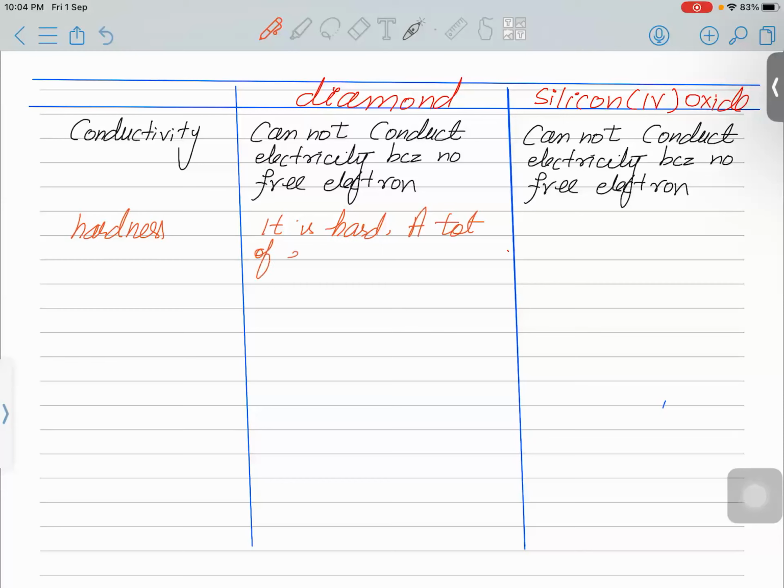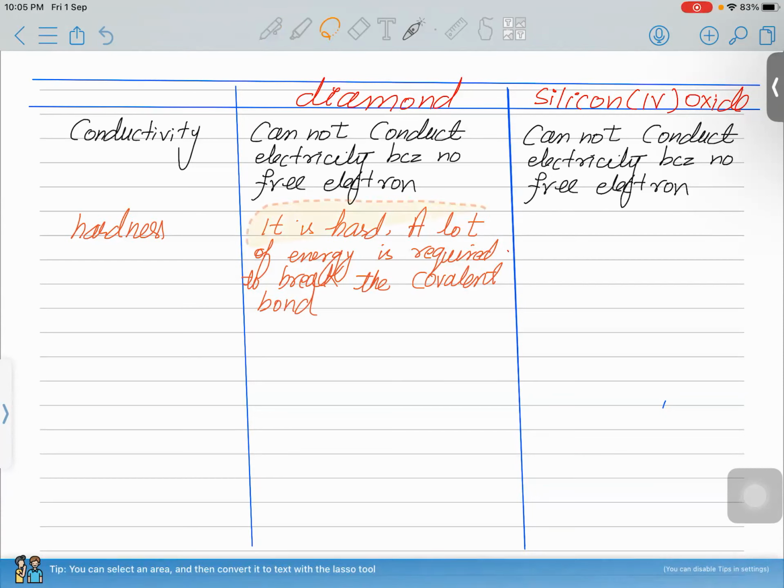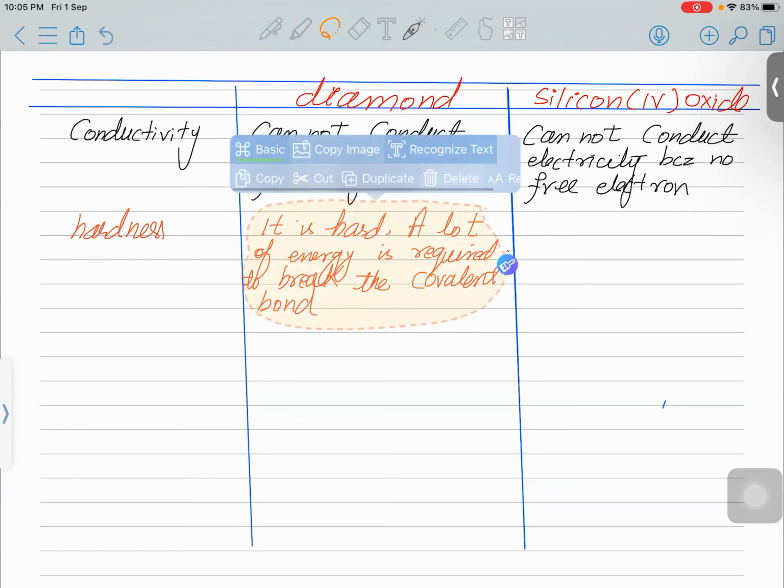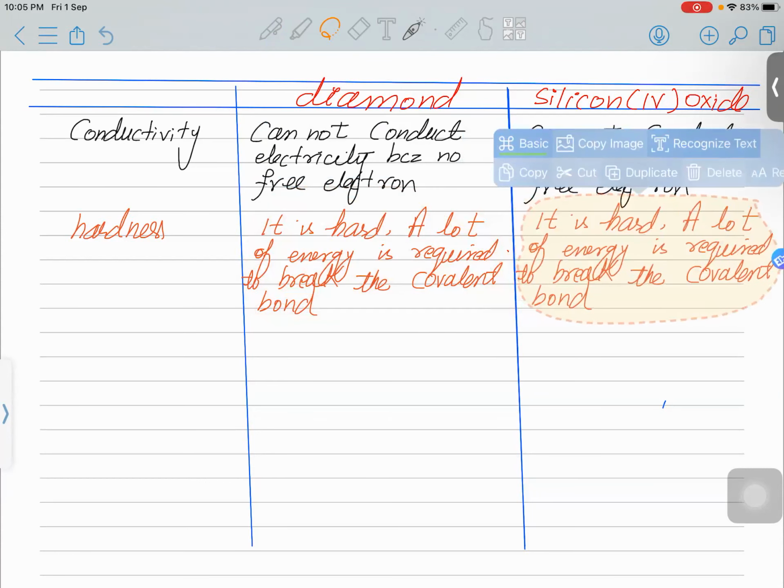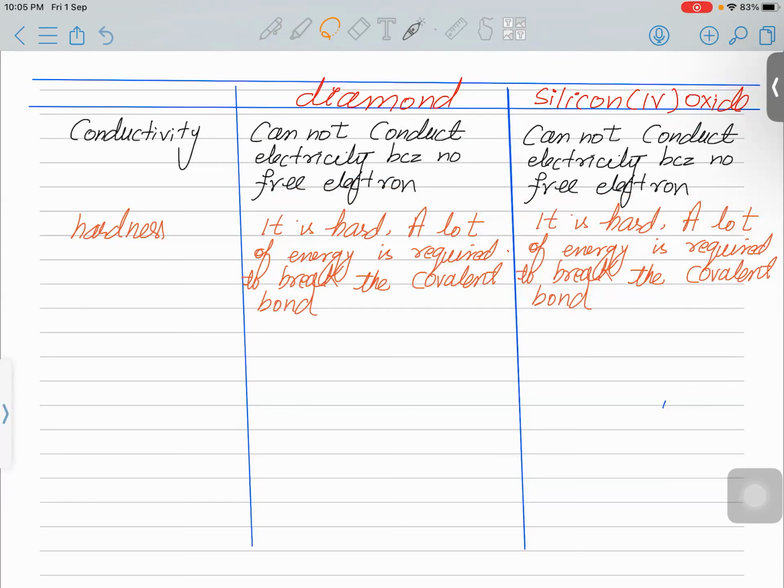A lot of energy is required to break the covalent bond. Same answer.